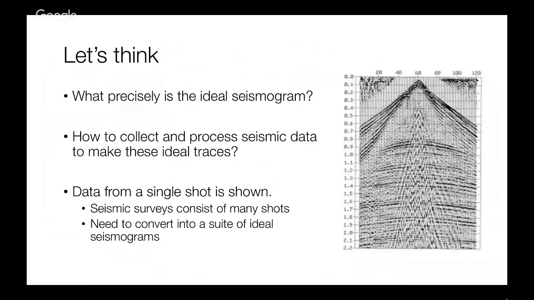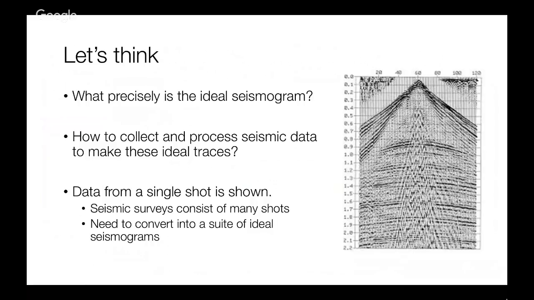If we're going to try to convert this type of data into those ideal seismographs or zero offset traces, the first thing we need to do is understand exactly what those traces are and what they're representing.